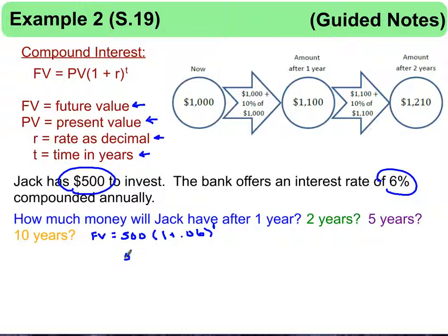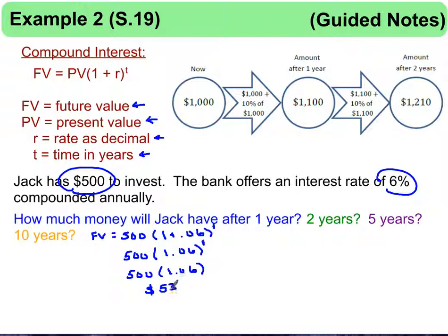I could say 500 times, well, 1 plus 0.06 is just 1.06 if you want to remove that plus, and that's raised to the first power. Anything raised to the first power is itself, so you end up with 500 times 1.06, and if I multiply that together, 500 times 1.06, we're going to get $530.